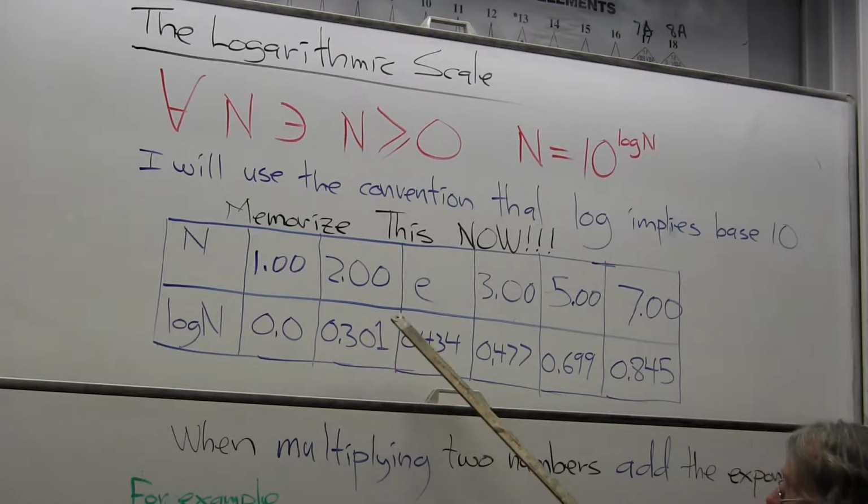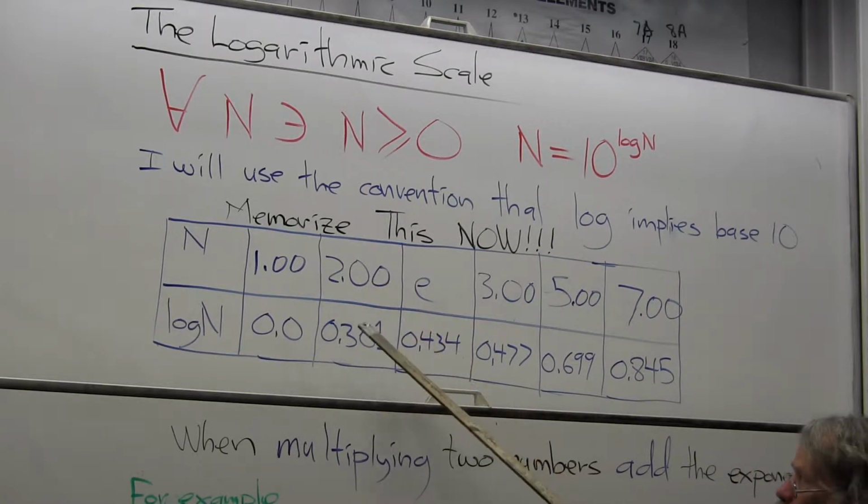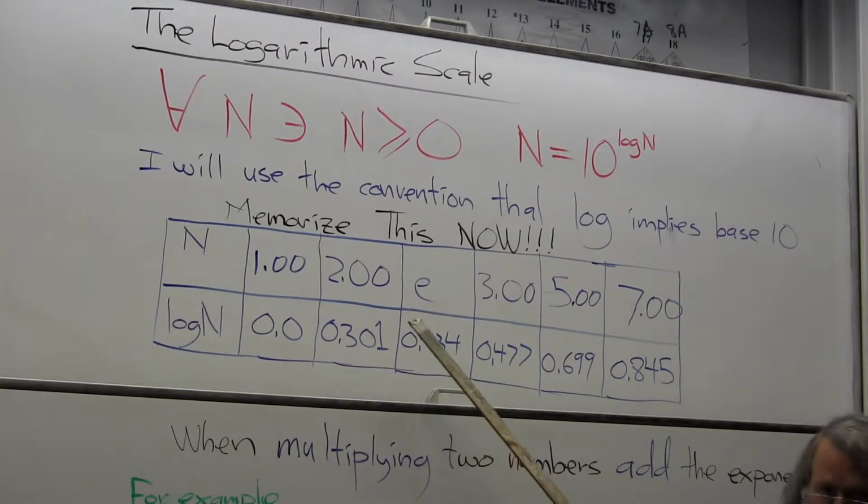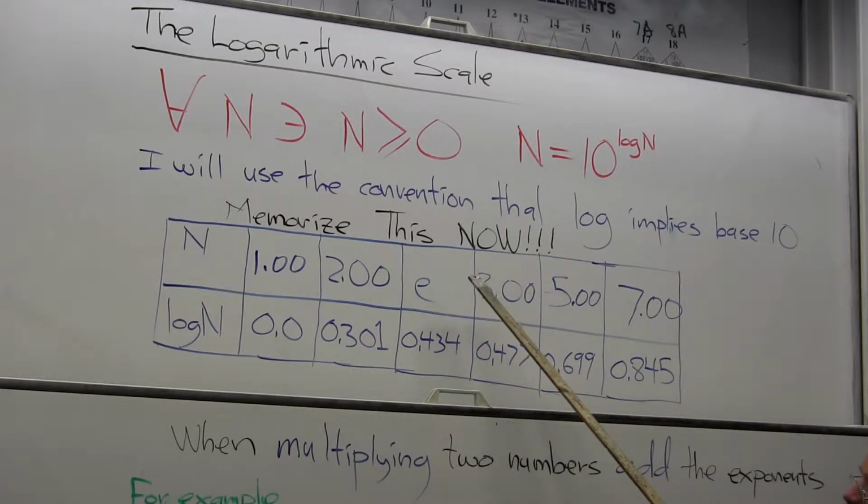And for n equals 2, the log of 2 is 0.301. And as we've already seen, if n is equal to e, then the log base 10 of e is 0.434. And if n is equal to 3.00, then the log of 3 is 0.477.